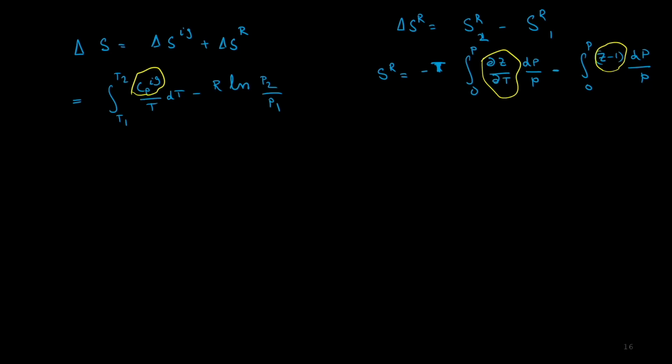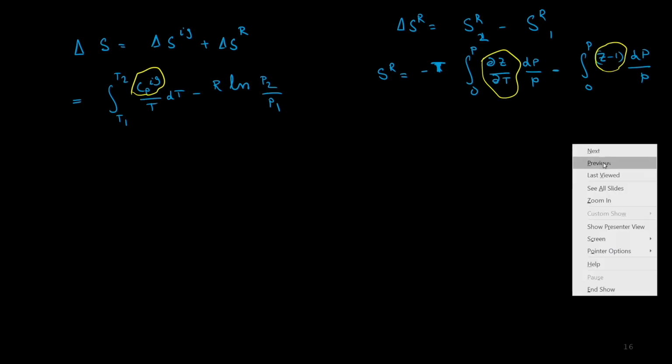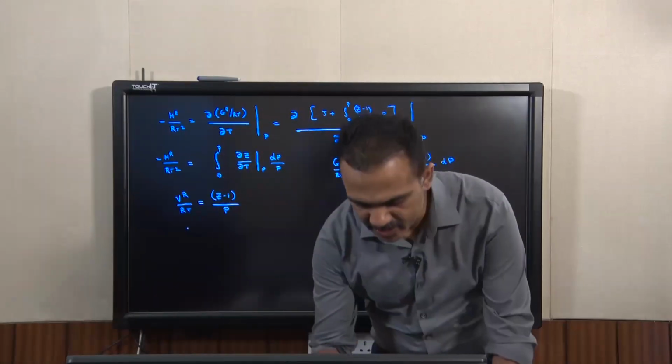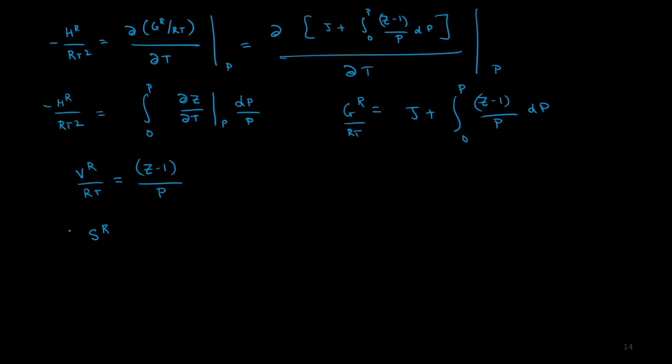Similarly, other properties such as delta U, delta G, delta A, etc. can also be calculated. So once I have H R, G R, and V R, if I want to calculate S R, it's pretty straightforward. S R is going to be (H R minus G R) over T, right? Since G is H minus TS, S is (H minus G) by T.